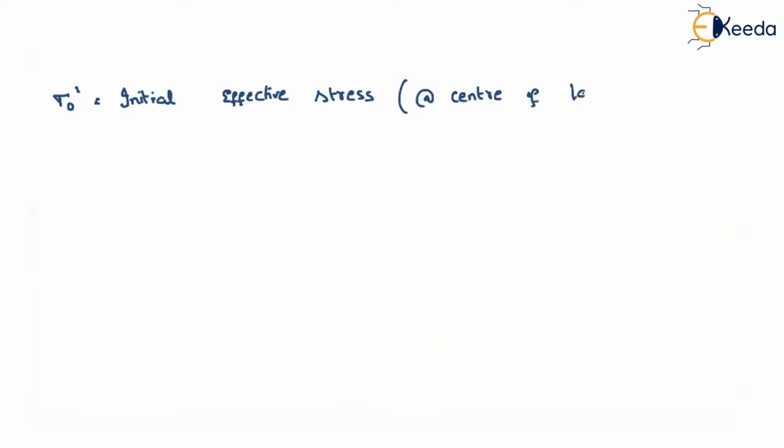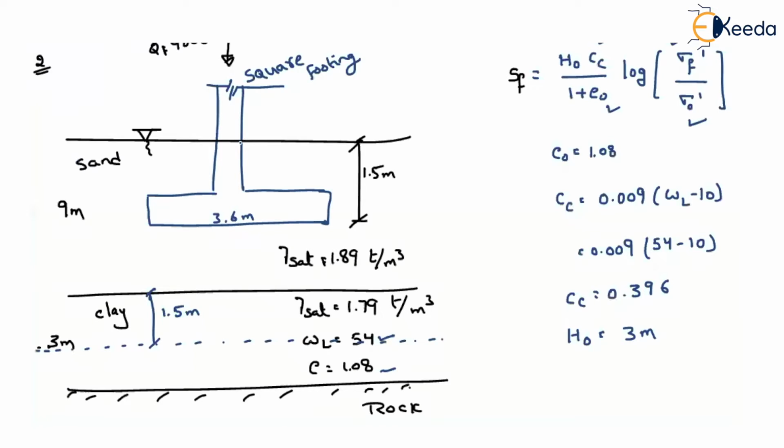That's what we always do, for finding the settlement, we find the effective stress values at the center of the clay layer. Now look into the diagram and tell me. Initial means before the application of this square footing load. So if there is no application of footing load, what will be the effective stress?